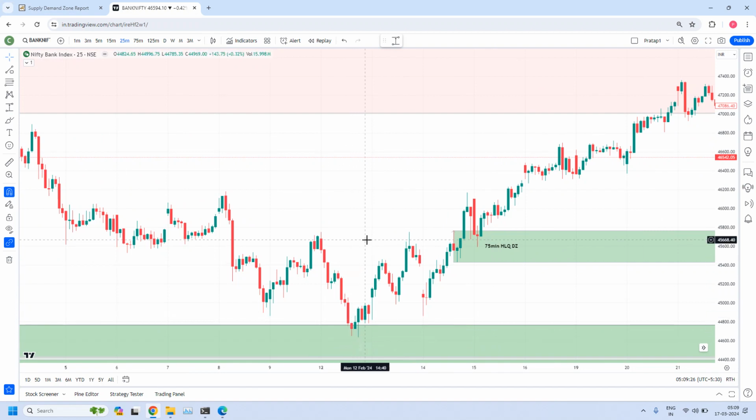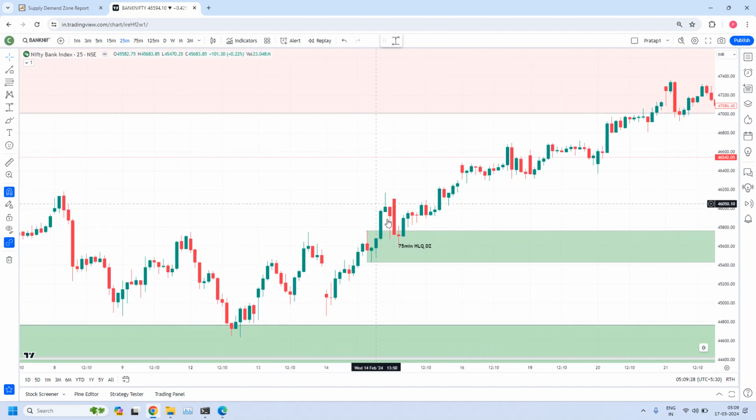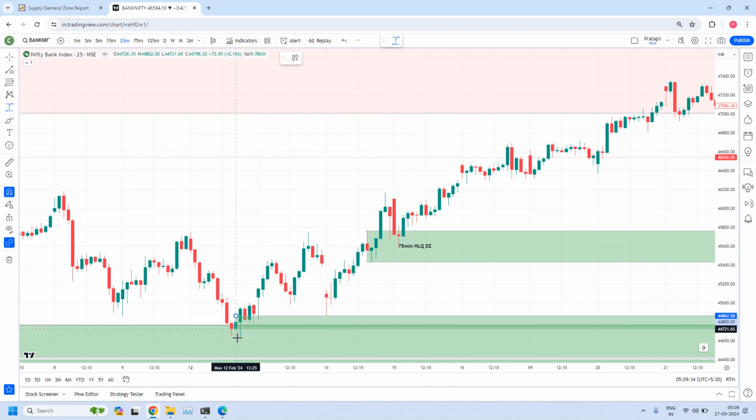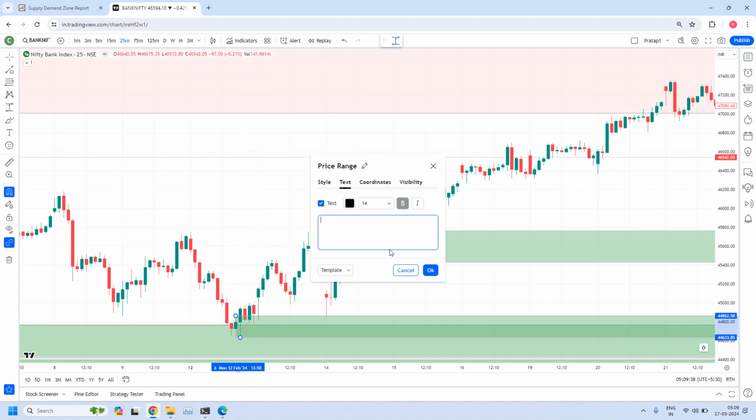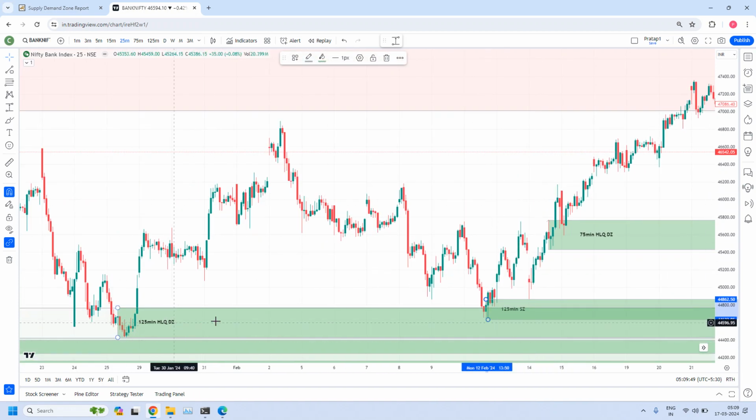So here you are getting this 125 minute zone. The reason why this 125 minutes zone got importance is because it is created in a 125 minutes high liquidity demand zone.